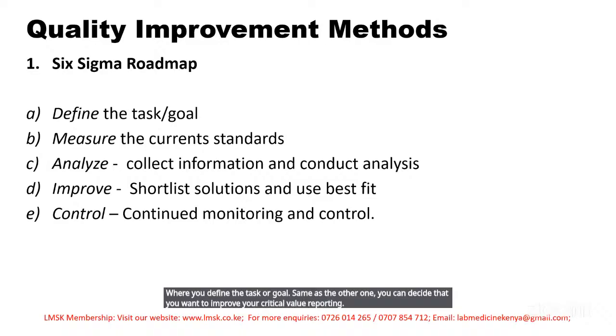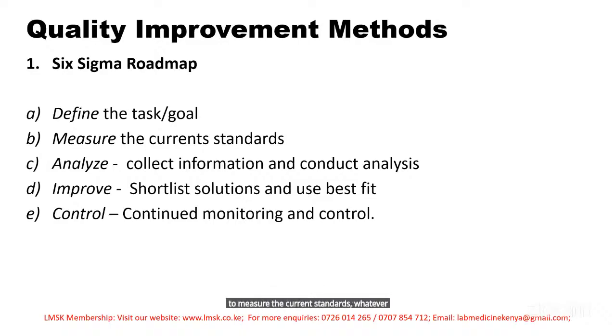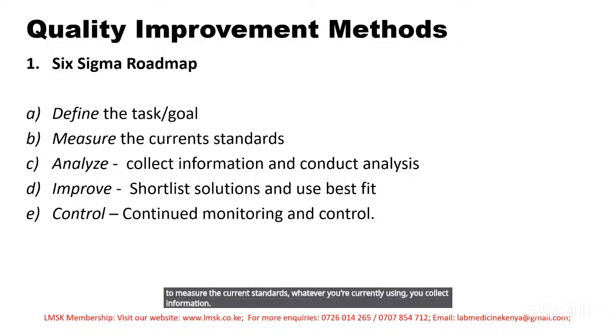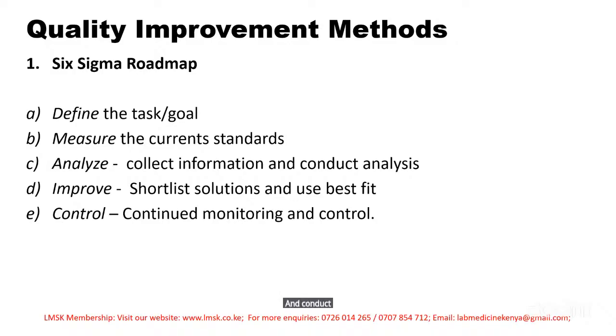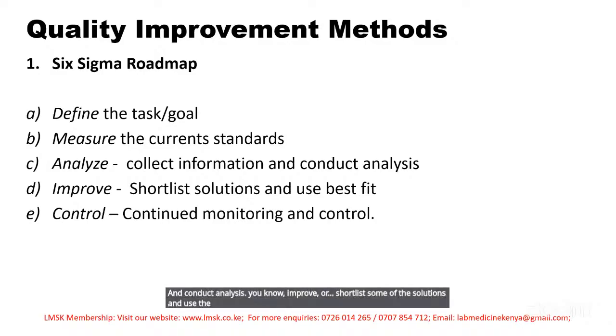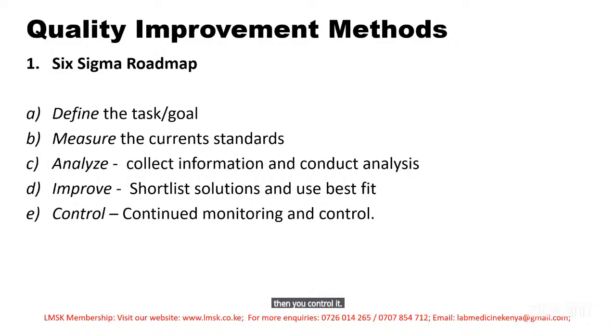You measure the current standards, whatever you're currently using. You collect information and conduct analysis. You improve, or shortlist some of the solutions and use the best fit of all. Then you control, or you implement the project and monitor.